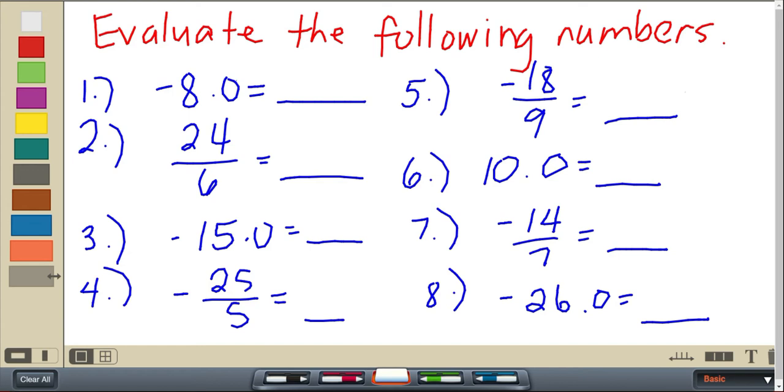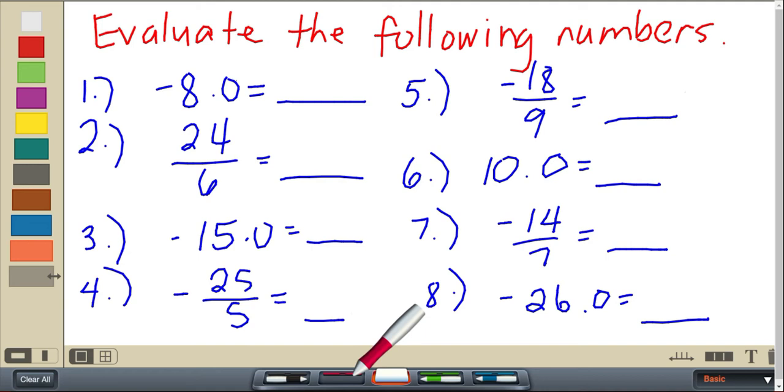All right, time's up. I hope you had the chance to answer all of these. We're now going to check your work. If you have a red pen or any marker that you can use for checking your work, put down your pencil and let's see if you got this correct.